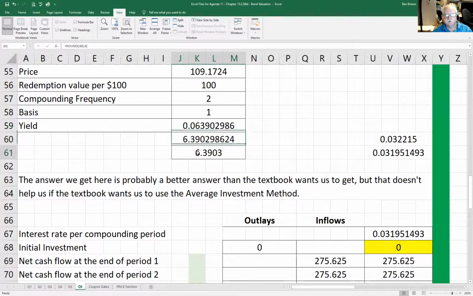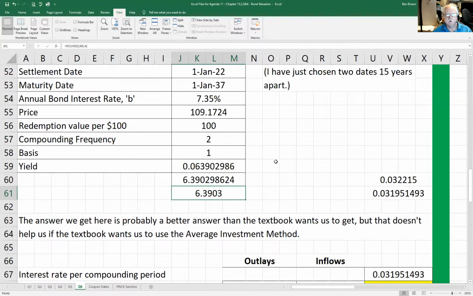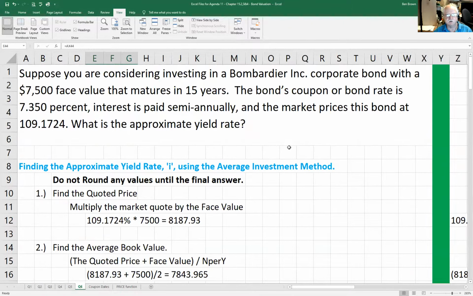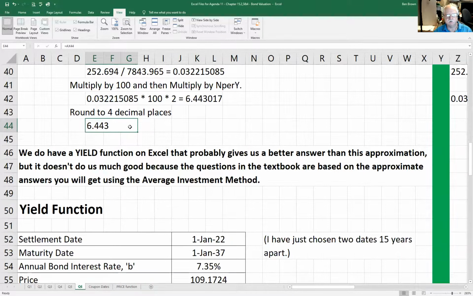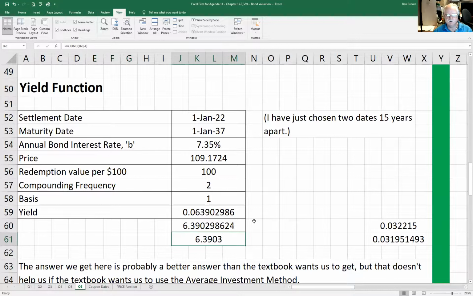And notice, this gives us 6.3903. What did we have to do? We had to multiply it by 100 and round it to 4. Now, this is the actual correct answer. This answer we got up here was an approximation, and I don't know why they made you go through this whole process to get an answer which is just a good guess, when if you use the yield function, you get the absolute correct answer.